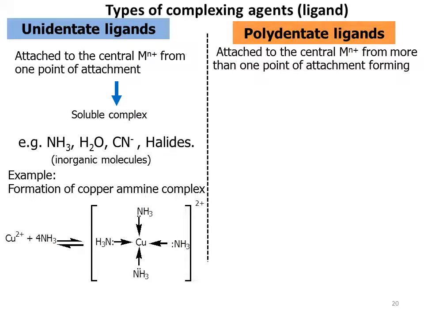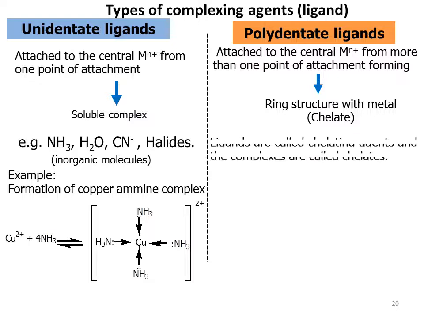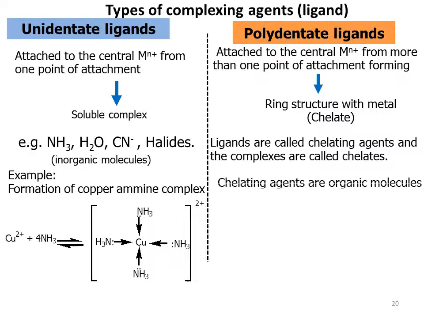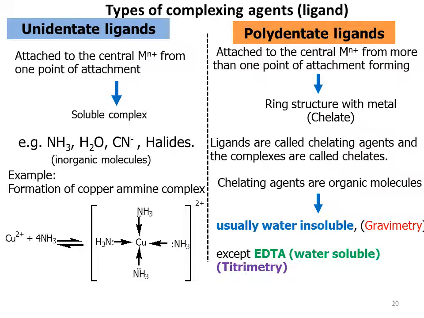On the other hand, polydentate ligands are attached to the central metal ion from more than one point of attachment, forming a ring structure complex with metal, which is called a chelate. Ligands at this stage are called chelating agents, and complexes are called chelates. Chelating agents are organic molecules which are usually water insoluble and could be determined with gravimetry, but that will be studied later.